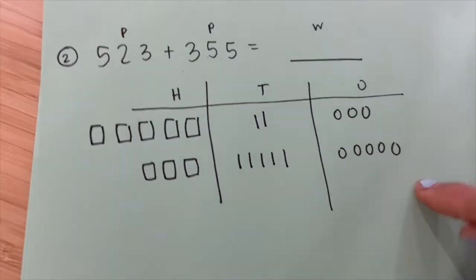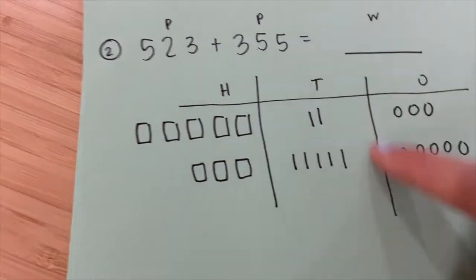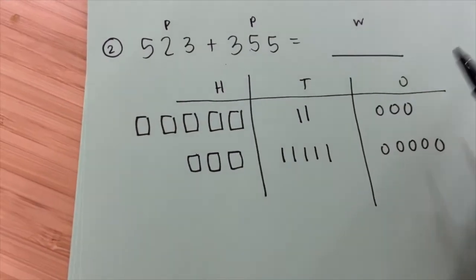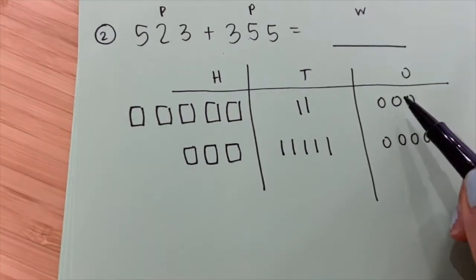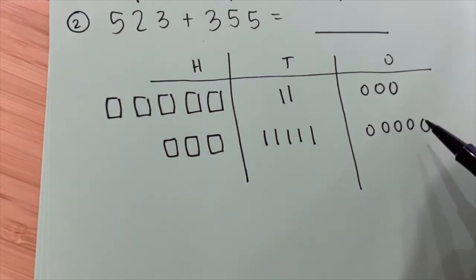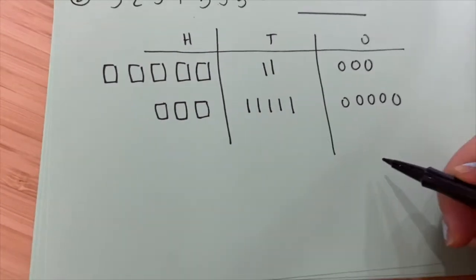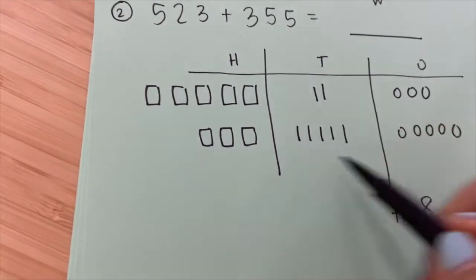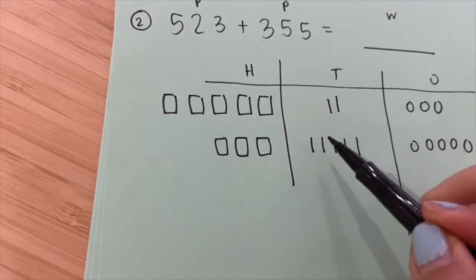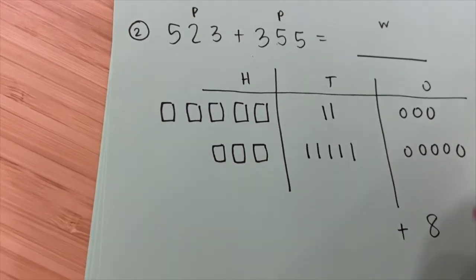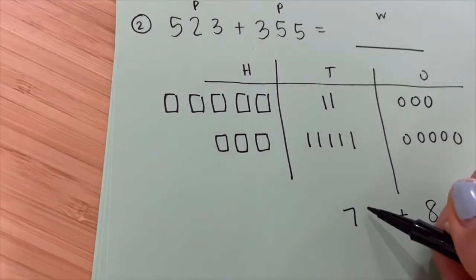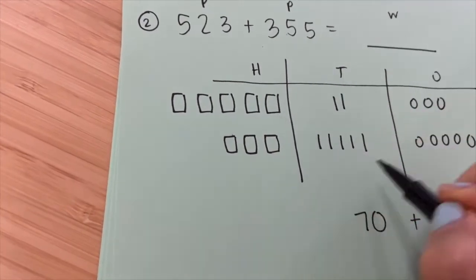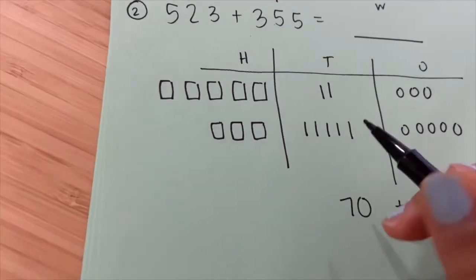I'm always, always, always going to start with my ones first. Let me count my ones. 1, 2, 3, 4, 5, 6, 7, 8. The value of 8 ones is 8. Plus, let me count my tens next. 1, 2, 3, 4, 5, 6, 7. I'm not just going to write 7, I'm going to write 7D because the value of 7 tens is 70.